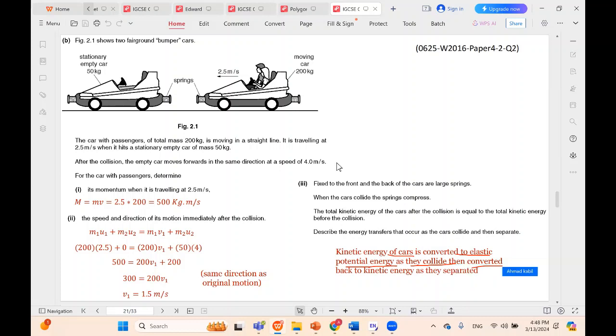And then this is converted back to kinetic energy when they separate. So you have kinetic energy initially, and then when these springs collide, they compress and they have a lot of stored elastic potential energy. And then when they leave each other again, the elastic potential energy is converted back to kinetic energy.